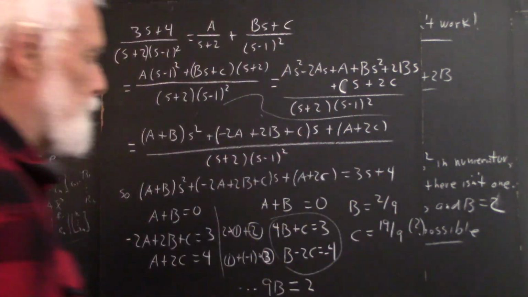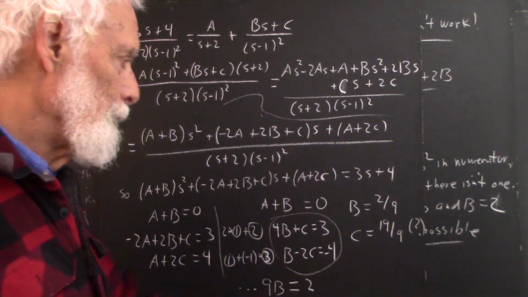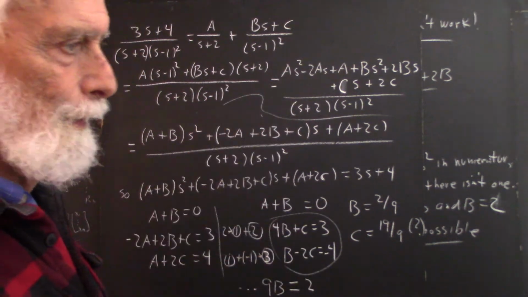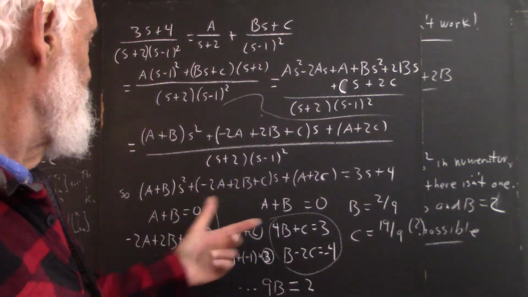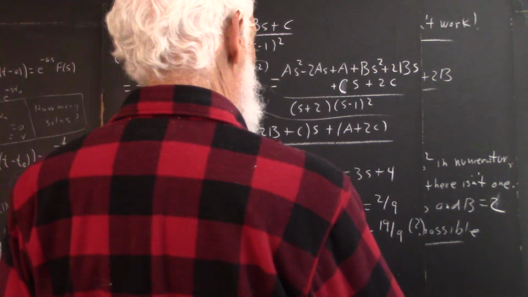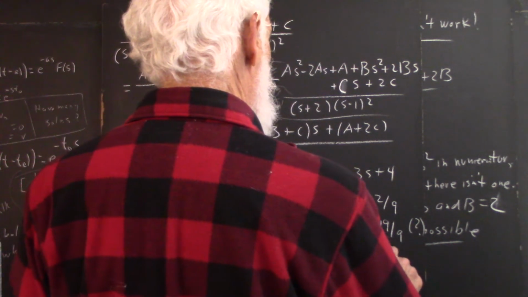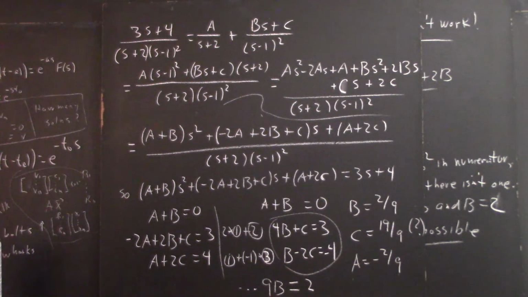Now I got a big question mark there. We want to end on time, and the details of this you can easily do. And then a is equal to, a plus b is 0. So a would be negative 2/9.